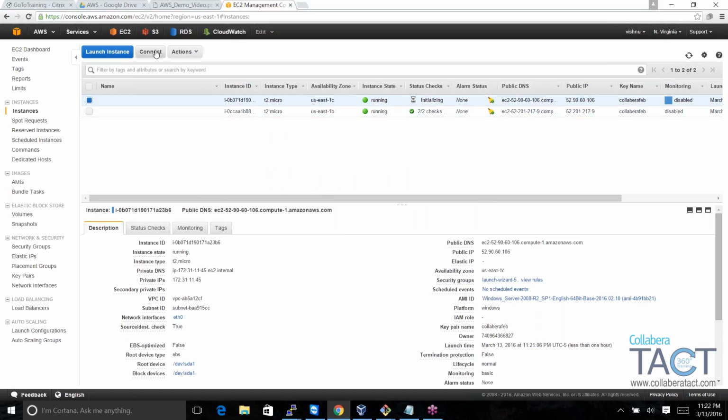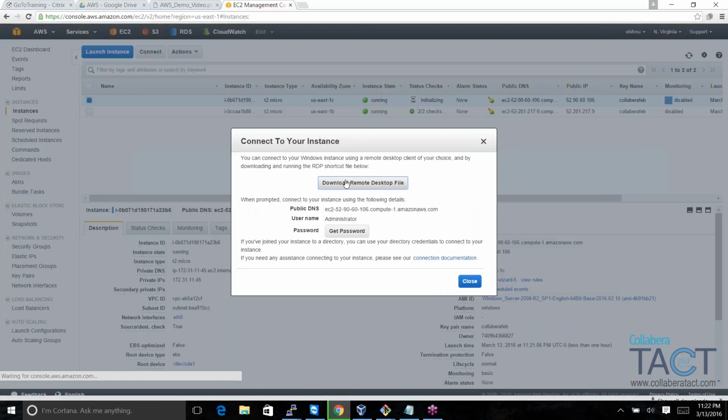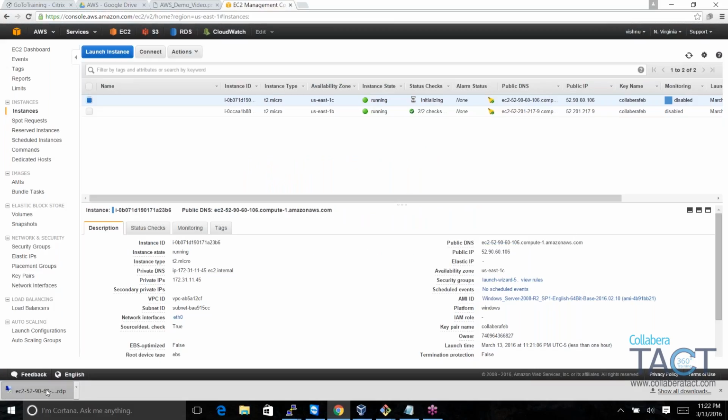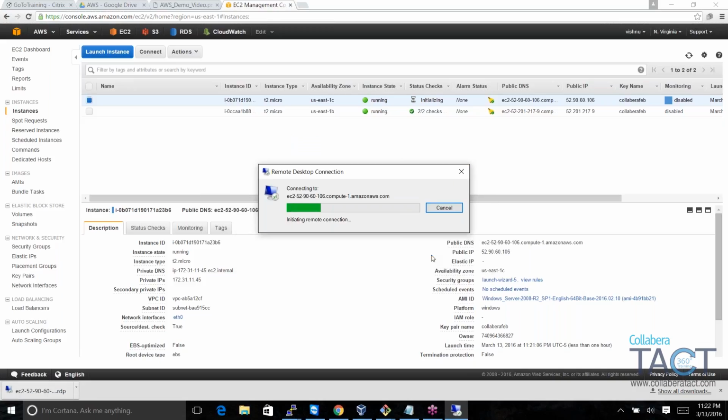Now if I go back to my screen, I see that this is a machine that I have launched earlier, but I see that there's a new machine coming up. A T2.micro instance, a Windows machine is coming up. So once this machine comes up, I should be able to log in.